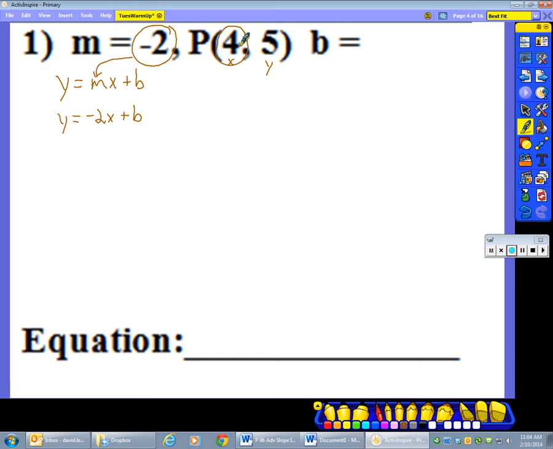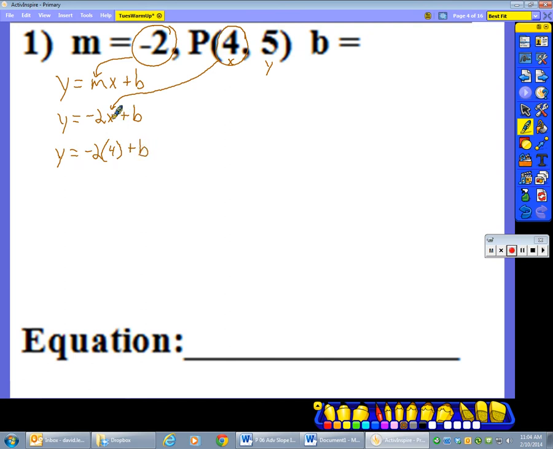The first number in my coordinate pair represents my x value, so that's going to go in for my x value right there. So now I'm left with y equals -2 times 4 plus b.